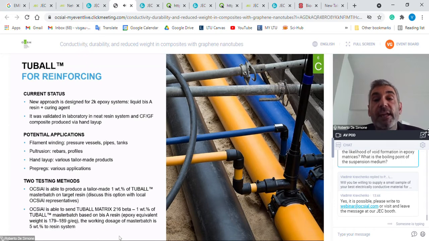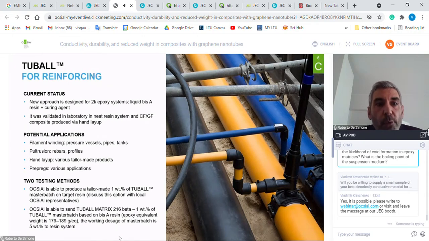The potential application: the epoxy system is commonly used in filament winding for pressure vessels, pipes, tanks, as I highlighted before, pultrusion as a rebar profile and also beams, hand layup and pre-preg for different kinds of applications. Currently, we are using two different testing methods.